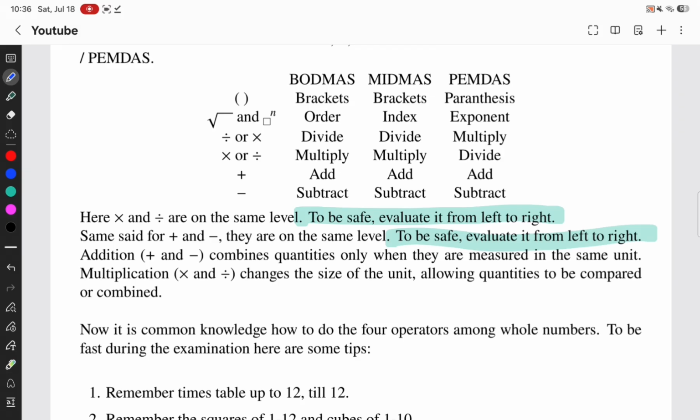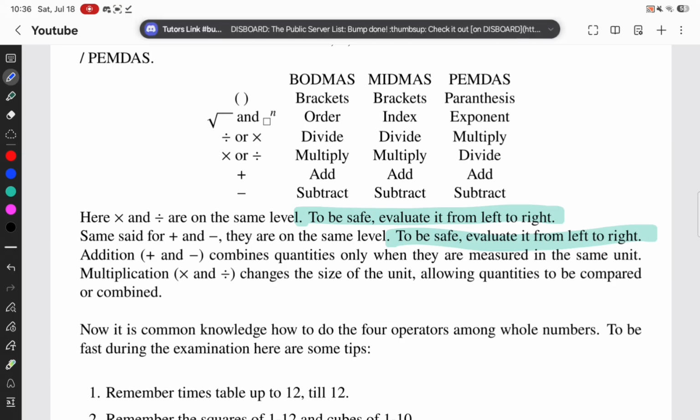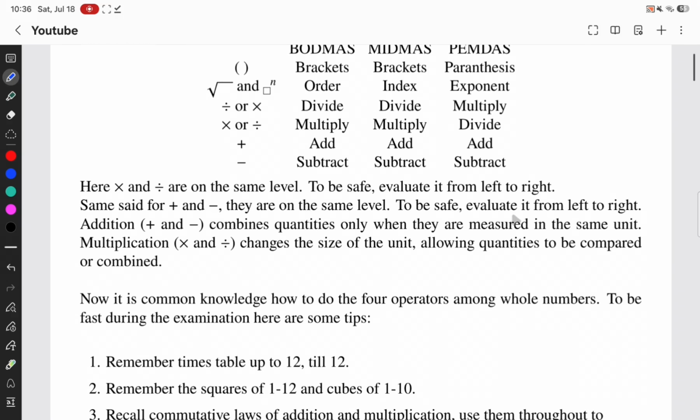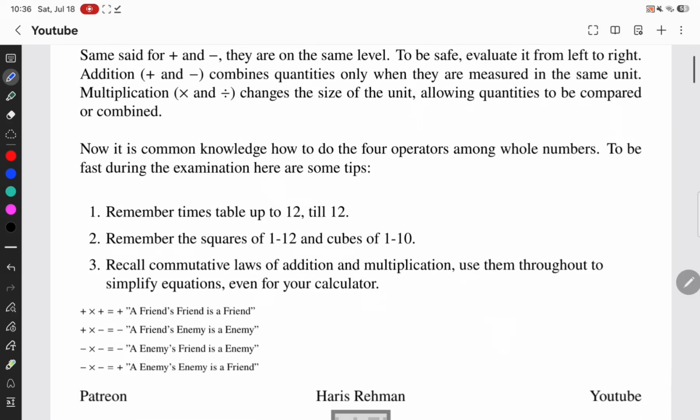That's the safest thing you can do. If we go, no, I want to do left first, then right, then jump between, it'll be a bit messy. Yes, we can do it if we are careful, but to be safe, we want to be careful during our exam. Not only being fast in our exam, but being careful that we do not miss anything in our calculation. So we go from left to right.